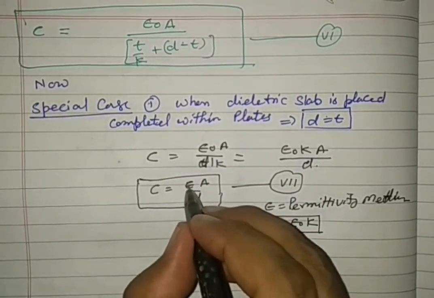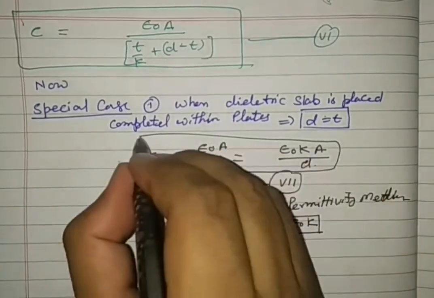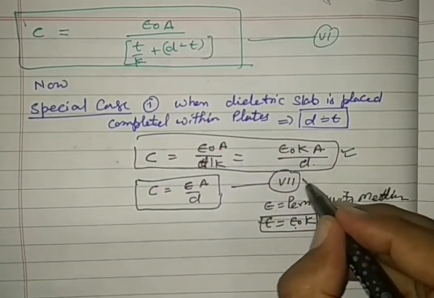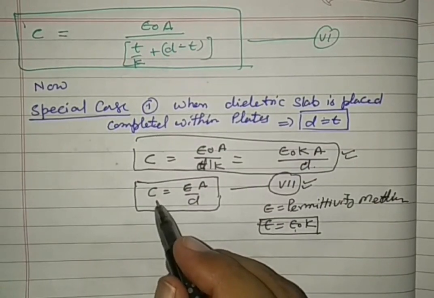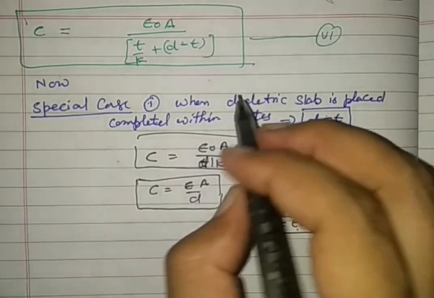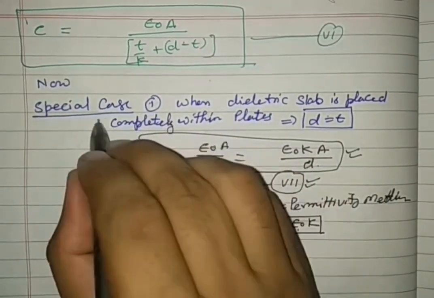So this is the formula used, either this formula or this, to obtain the capacitance of a parallel plate capacitor when a dielectric slab is placed completely within the field.